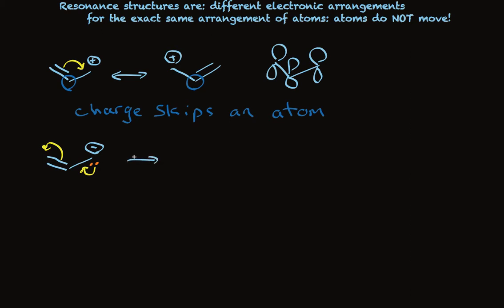So our second resonance structure looks like this. And the allylic system is the same. There are 3 p orbitals lined up adjacent to each other that can overlap, and here they were dissipating, delocalizing positive charge. Here they're delocalizing negative charge.